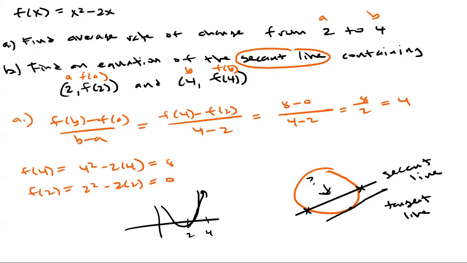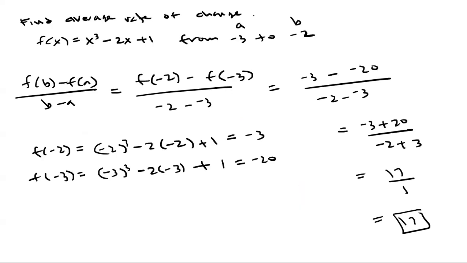Again, this is not the best representation or best drawing. But anyway, so from 2 to 4, I want to find out, okay, what is the equation of the secant line? So I'm going to show two ways to do that. The first way I'm going to show is by the point slope form.